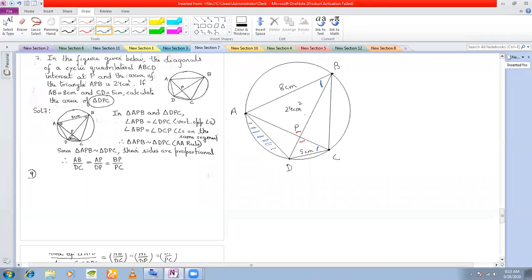And therefore I have shown that two angles of the two triangles are equal, and therefore they must be similar. So let us write: in triangle APB and triangle DPC, angle APB is equal to angle DPC because they are vertically opposite angles.